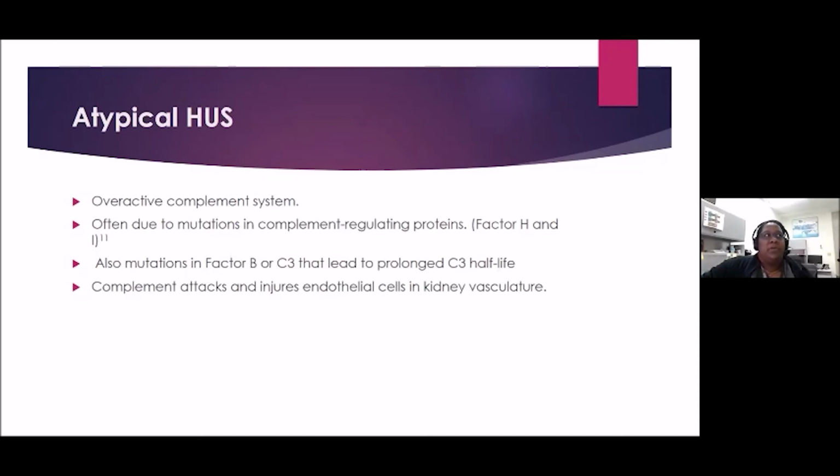So either your complement is not being suppressed, or you're having complement that's active for longer than it should be. And so, as we know, complement literally attacks tissues, and it injures endothelial cells, especially in the kidney. It loves the kidney.